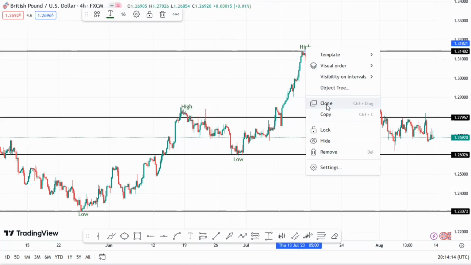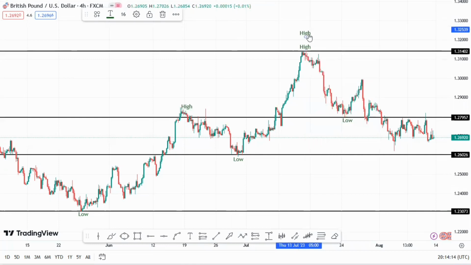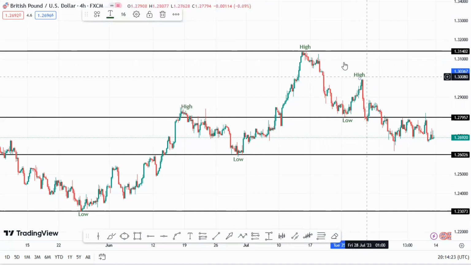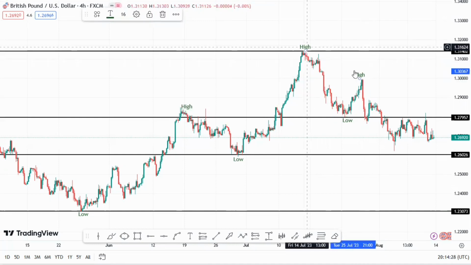I hope you are understanding what I'm saying. This is a lower high, because it is lower than our previous high. That's why you call it a lower high.